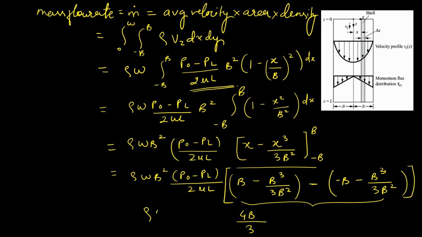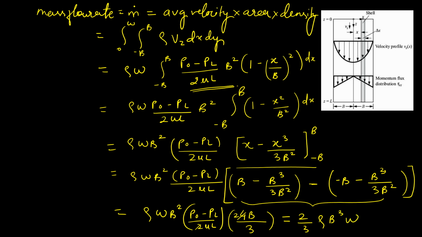So rho W b square into P naught minus PL upon 2 mu L equals 4b upon 3, which becomes 2 by 3 rho b cube into W into P naught minus PL upon mu L. So this is my mass flow rate.